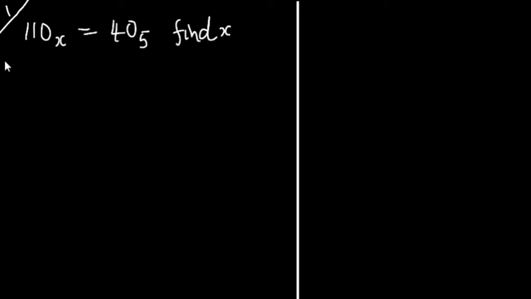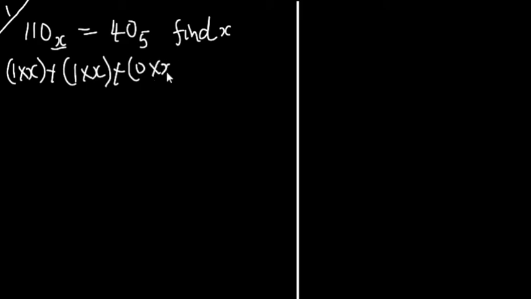Now we are going to multiply each digit by x on the left hand side of the equation. So we are going to have 1 times x plus 1 times x plus 0 times x.